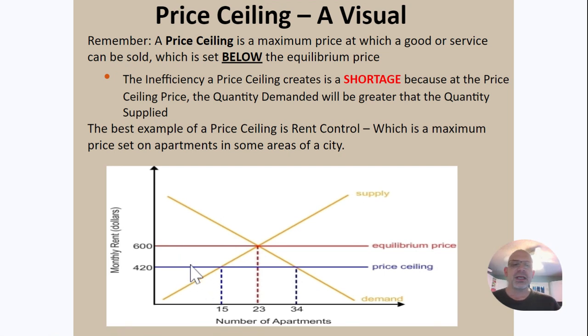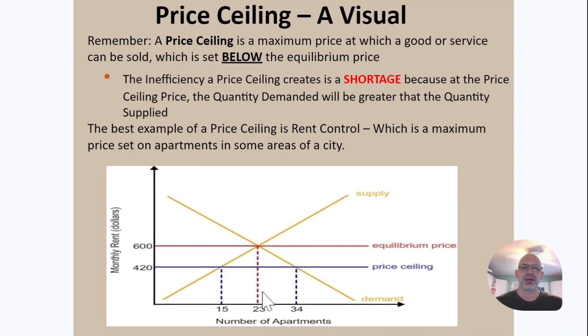Anytime that you have a situation where you have a price control below equilibrium, a price ceiling, you are going to have quantity demanded greater than quantity supplied, and that creates a shortage, just like we looked at last topic at the beginning of topic 3. So in this case, if you read the slide, we have an equilibrium price of $600 per month rent.